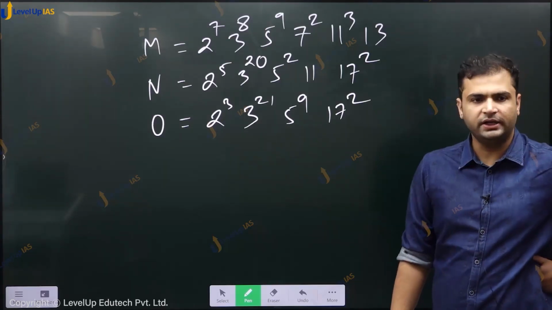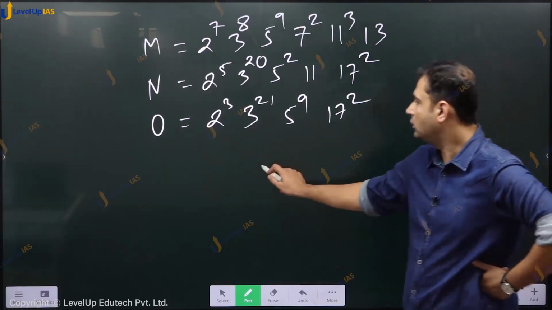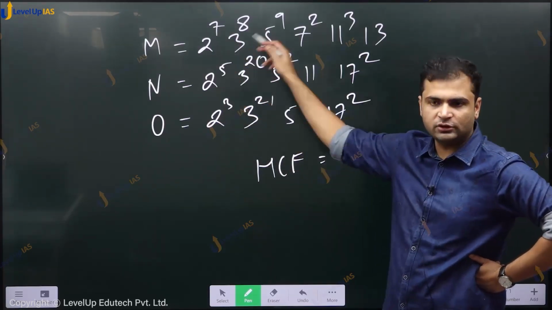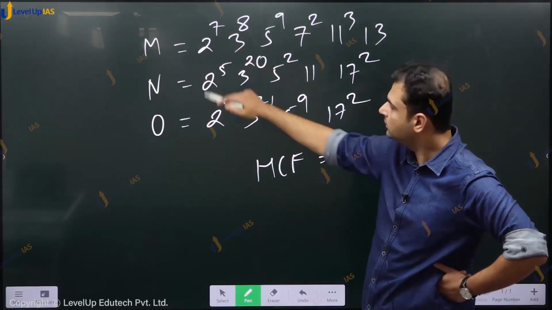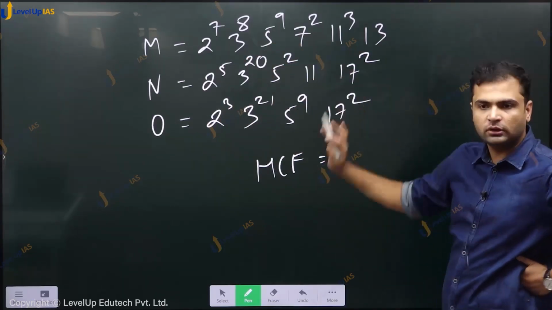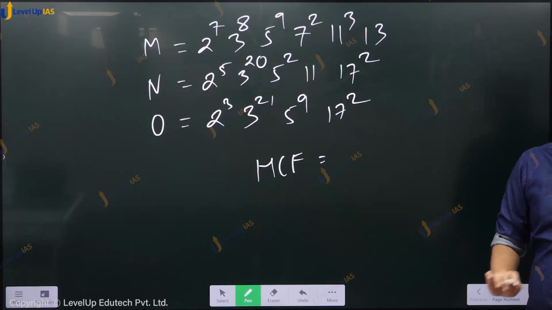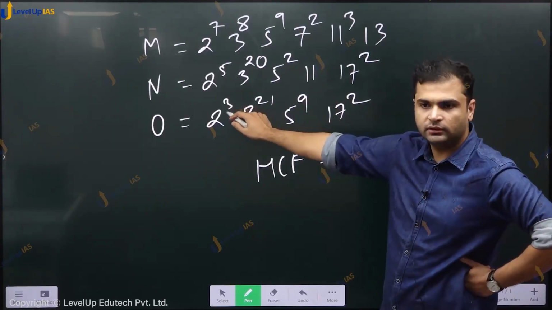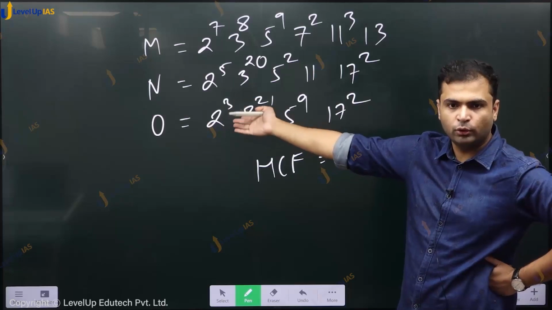For HCF, I need common factors. What are the common prime factors? 2 is common in all three, 3 is common, and 5 is common, and that is all. Only 3 common factors are there. And what is the maximum power that is common? इसके पास 3 ही है, 3 से ज्यादा हो ही नहीं सकता.